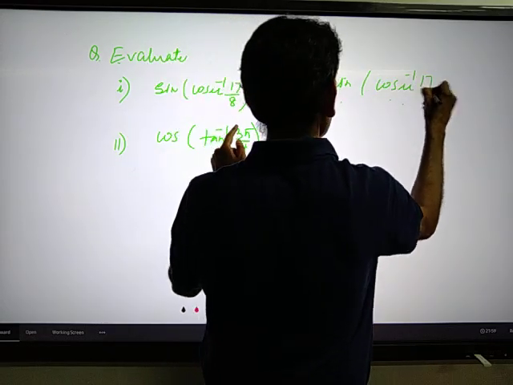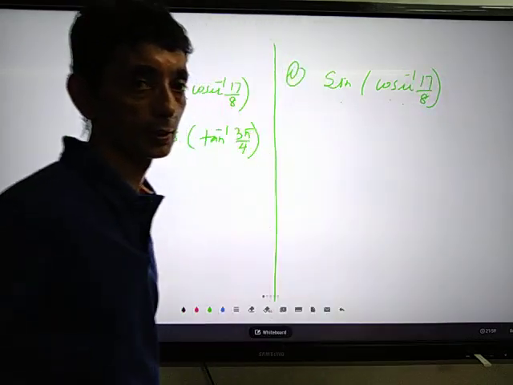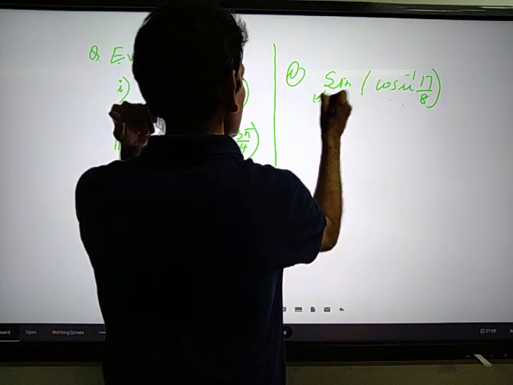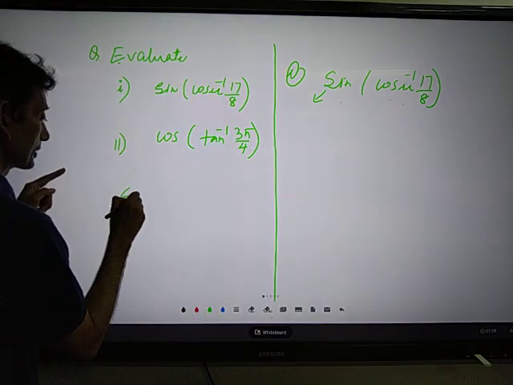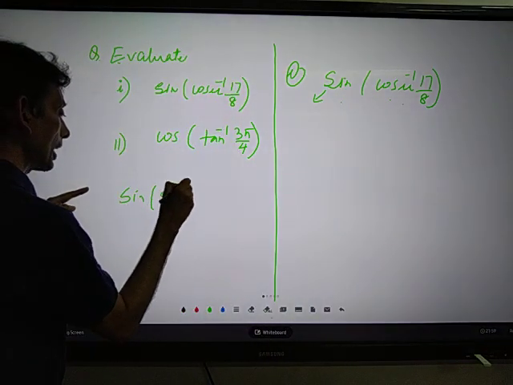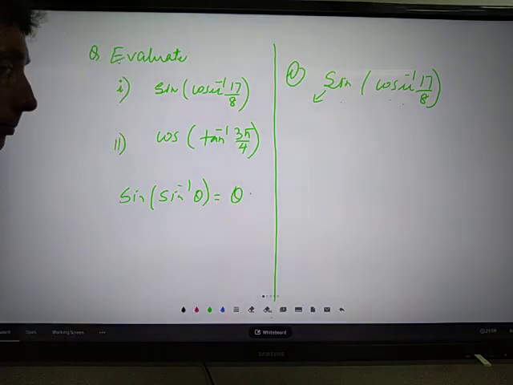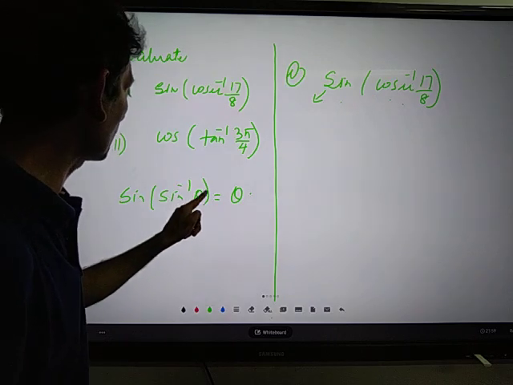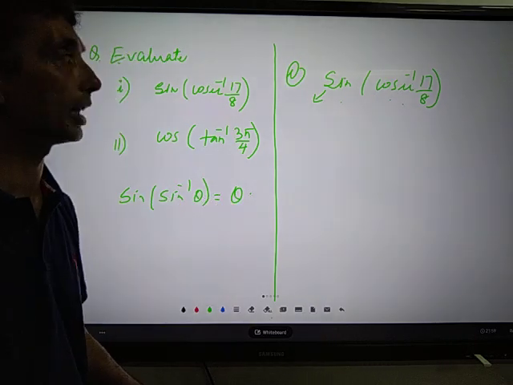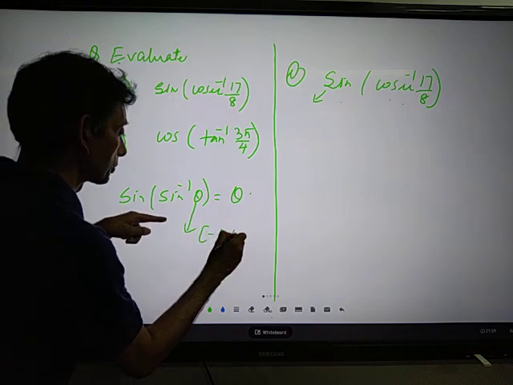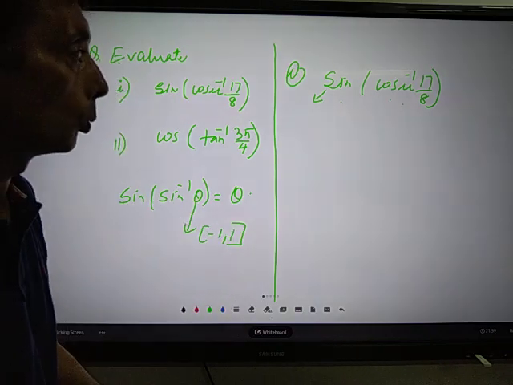Let us see what is the property related to sine. We got this, that is sine inverse sine theta equal to theta. We know that. And what was the condition for theta? It lies between minus 1 to plus 1.